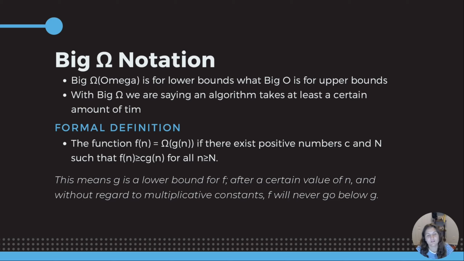This means that g is a lower bound for f after a certain value of n and without regard to multiplicative constants. So f will never go below g. So if the running time is omega f of n, we're saying that once n gets large enough, the running time is at least some constant times f of n.